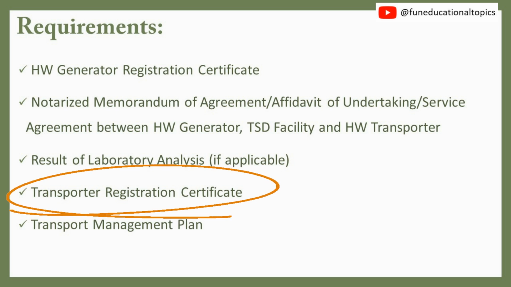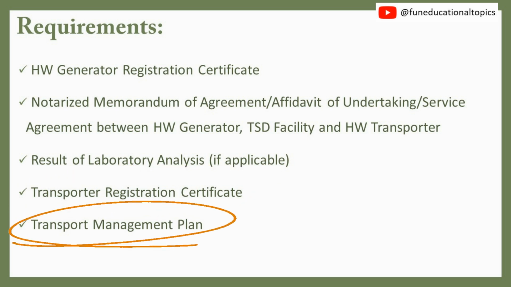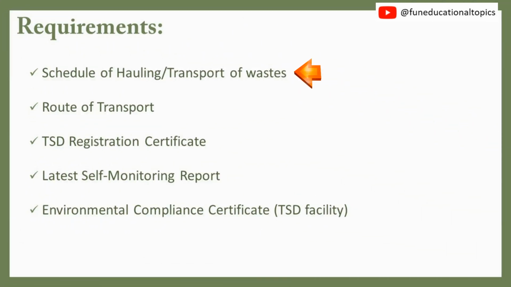Next is Transporter Registration Certificate and Transport Management Plan. We will also be needing the schedule of hauling or transport of waste, route of transport, TSD Registration Certificate, latest self-monitoring report, and Environmental Compliance Certificate of the TSD facility.